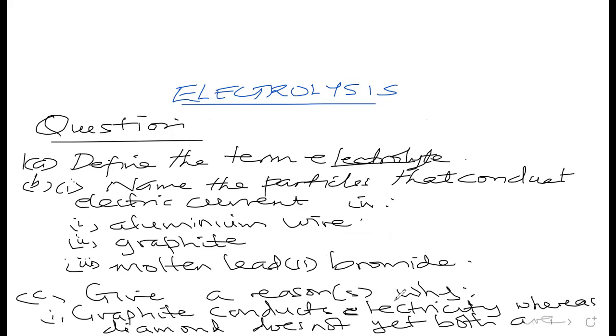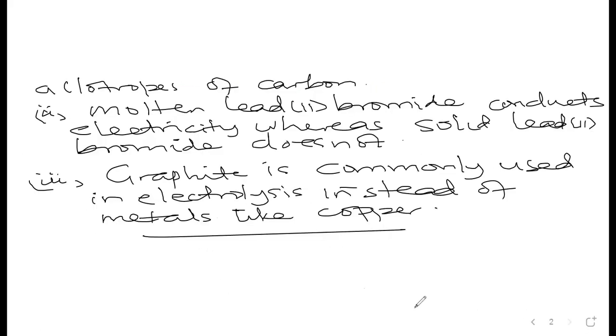Give a reason why graphite conducts electric current, whereas diamond does not, yet both are allotropes of carbon. Give also a reason as to why molten lead(II) bromide conducts electricity, whereas solid lead(II) bromide does not. Continue to give reasons why graphite is commonly used in electrolysis instead of metals like copper. So that is a brain check.